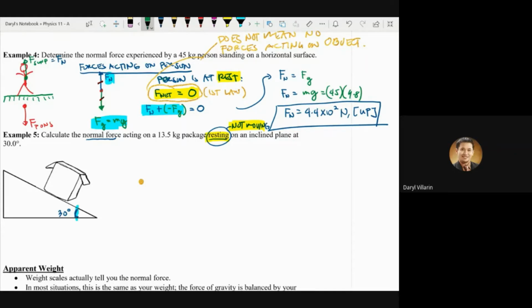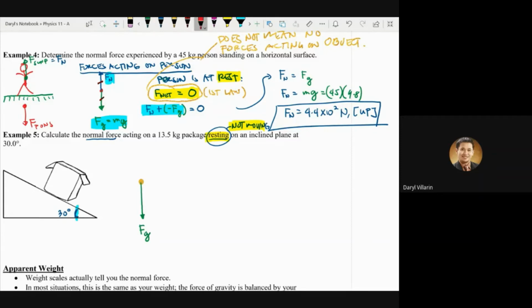For one, I am quite sure that there is gravity, and gravity is always downward. So regardless of the position of your box, FG is always downward. That's my FG. What else? By definition, normal force is the force exerted by the surface under the object, and it is always perpendicular.